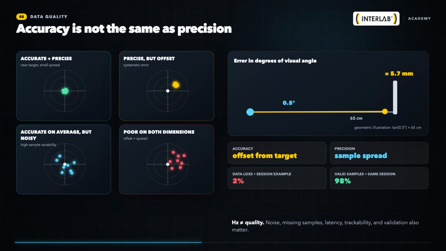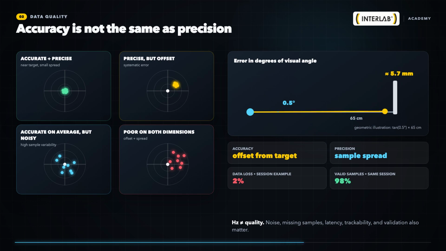Both parameters are normally expressed in degrees of visual angle. For intuition, half a degree at a viewing distance of 65 centimeters corresponds to roughly 6 millimeters on a flat screen. This is simply geometry, but it shows the scale of the problem. For a large button, the difference may be irrelevant.